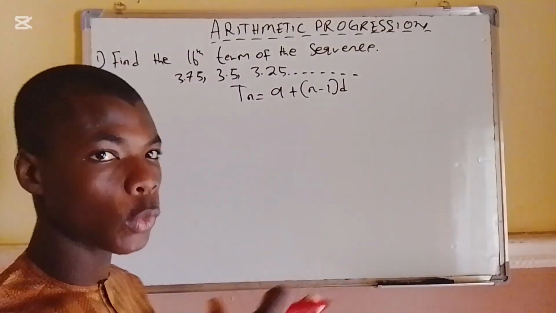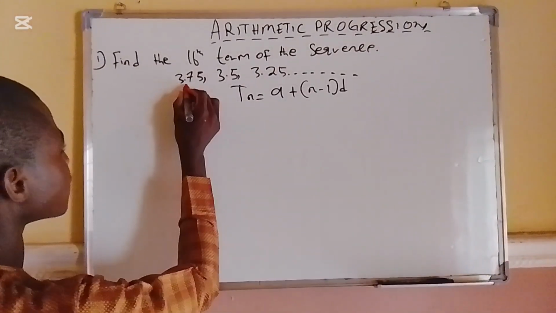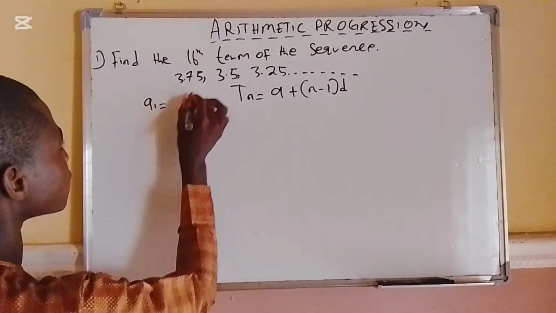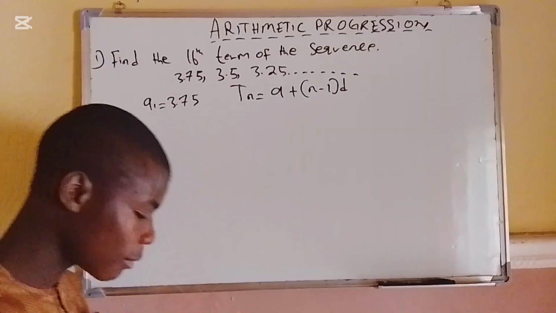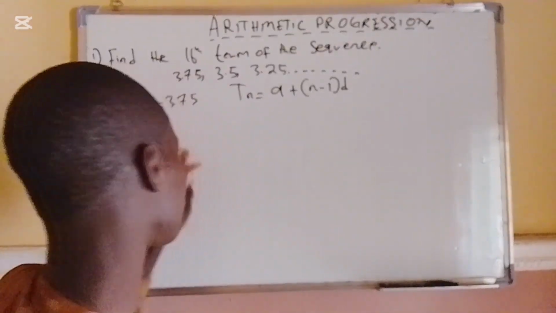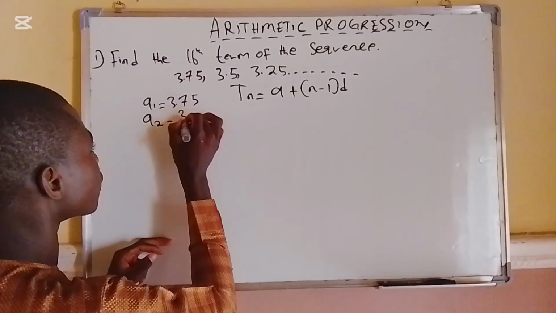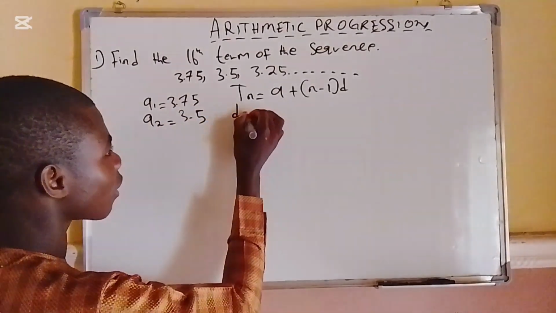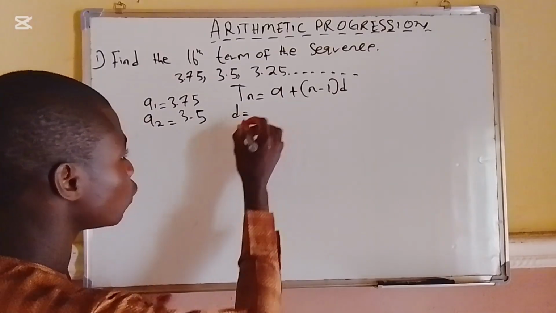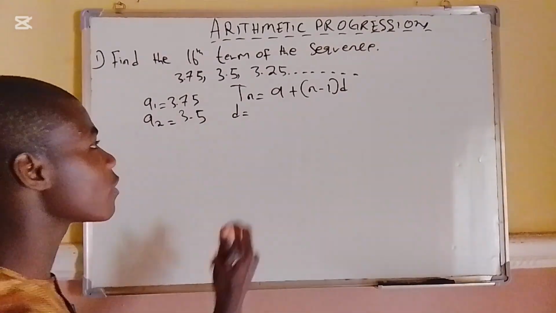But here we are given a sequence. So the first term, let's say A1, is equal to 3.75. The second term is equal to 3.5. To find the common difference, it is usually the second term minus the first term.